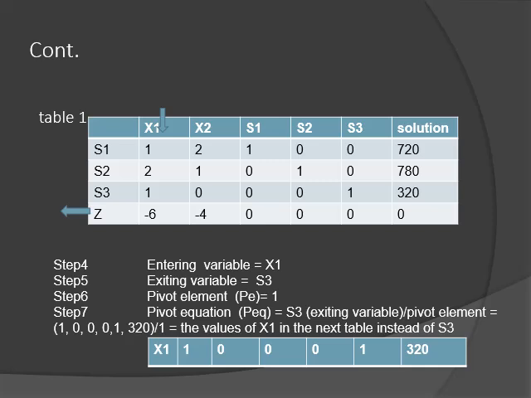We will use it later to calculate the change in other basic variables like S1, S2 and also Z. Now we will depend on the pivot equation to continue our solution.